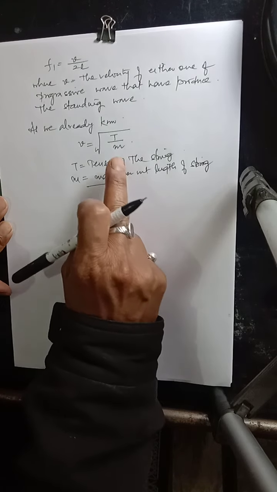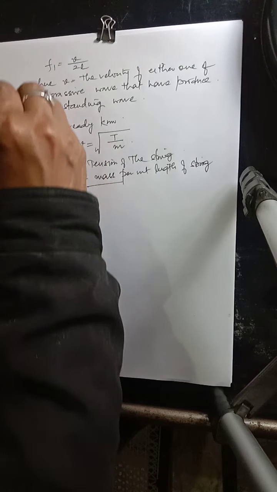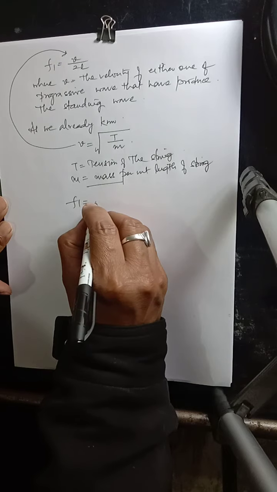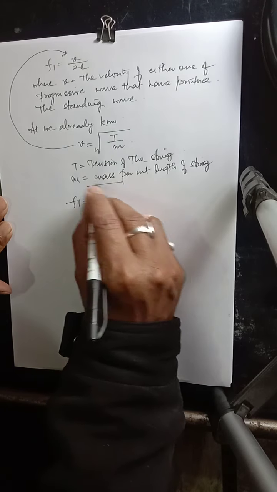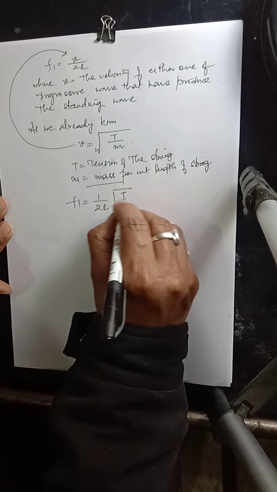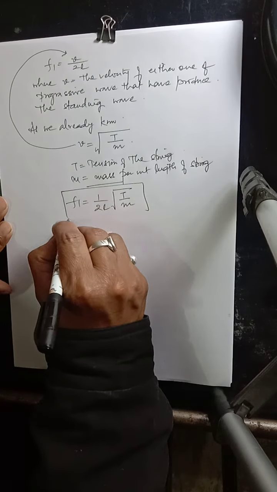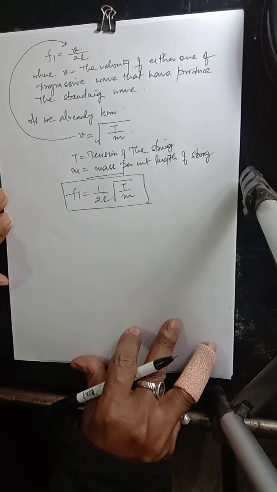Putting this in the equation, F1 becomes 1 upon 2L under root T by m. This is the frequency for the first mode.